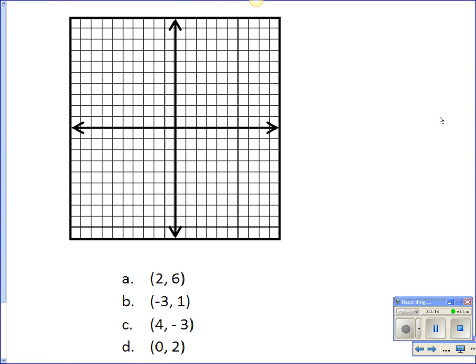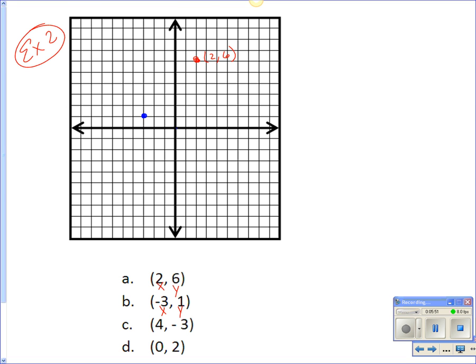The first point, 2, 6, label X and Y. So I'm going to go right 2 and up 6 and put a point. Make sure you're labeling those. The next point, -3, 1, label it X and Y. Always start back at the middle, and you're going to go left 3 and up 1.